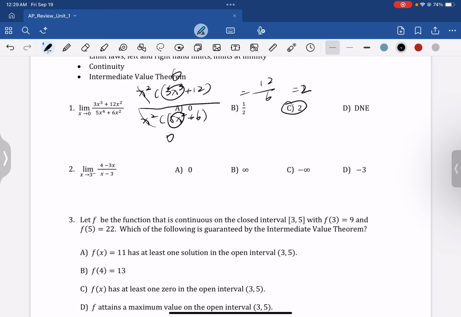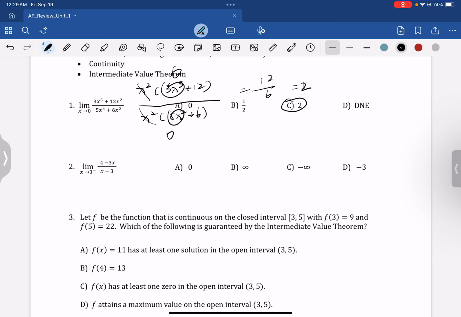So the denominator x minus 3 should have a negative value, approaching 0 from the left hand side. And the numerator basically goes to 3, which means it should be a negative value. So it's a negative value over a negative value, because it's approaching 0 from this side.